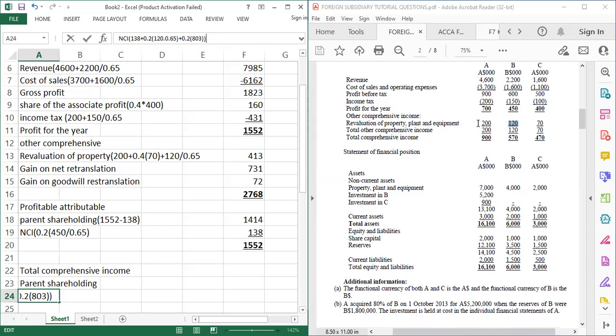So the NCI will take 20% of the revaluation of the subsidiary, and the NCI also takes 20% of the total translation gain. How much are we getting in all?